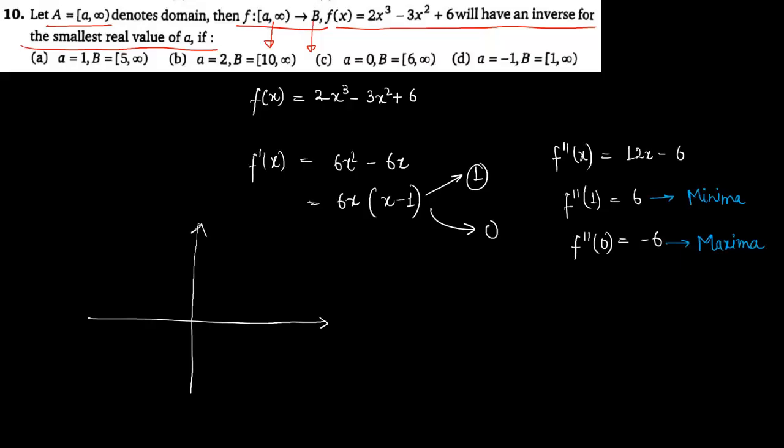So if this is 1, we have minima at 1 and maxima at 0. The graph will be like this.